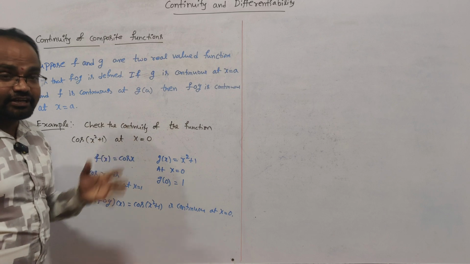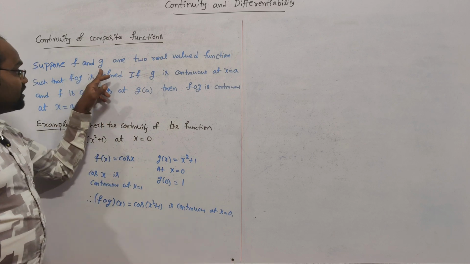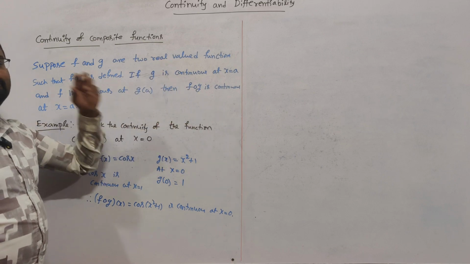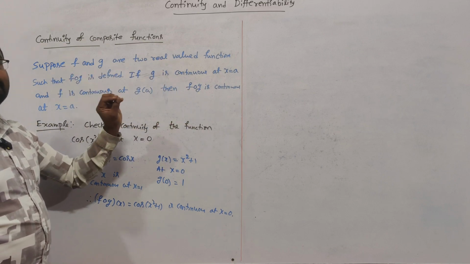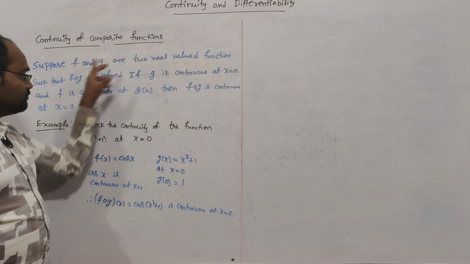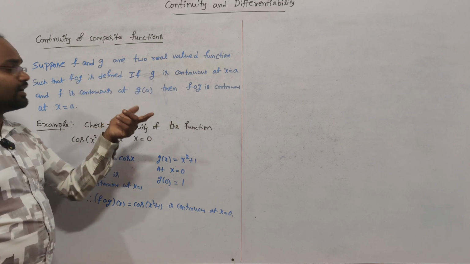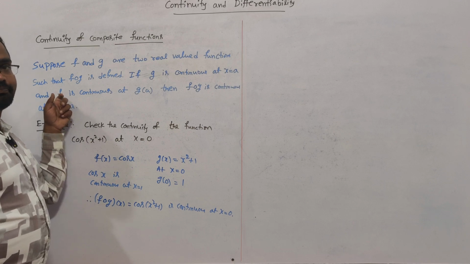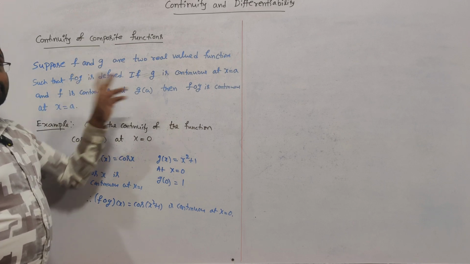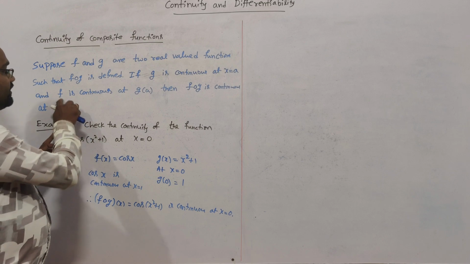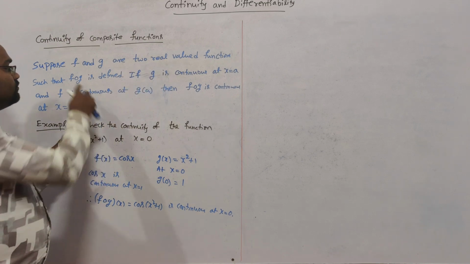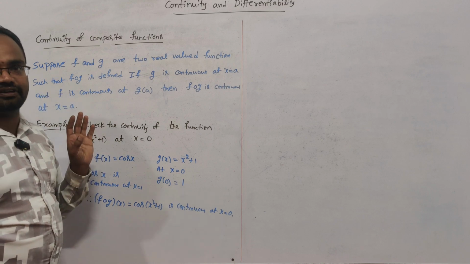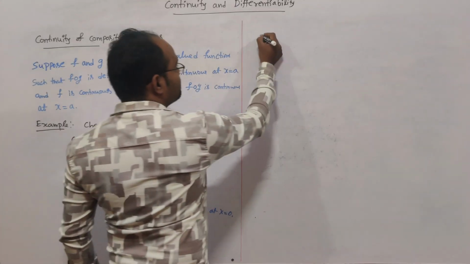Therefore, we can conclude that if f and g are continuous functions, then f composition g also becomes a continuous function everywhere. At a point, if you want to check, f must be continuous at g of a. But when we take continuous functions, obviously f is continuous everywhere, g is continuous everywhere, so its composition should be continuous everywhere. So we can take that as a remark.